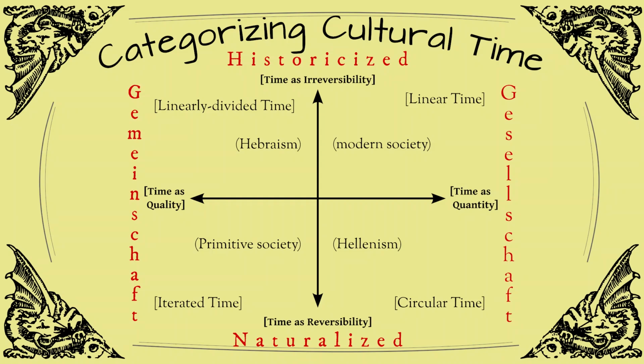And so such a traditional society might be moving closer or along one of those two axes in different ways. Then our second axis is time as reversible versus time as irreversible. When we're talking about reversibility, we're still talking about these cyclical or circular orientations towards time, but with iterated time, we're not necessarily tracking the accumulation or accrual of repeated cycles, and that would of course take us farther down the right toward the time as quantity axis.